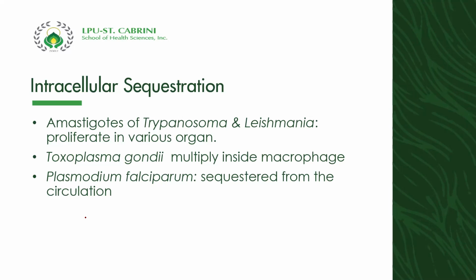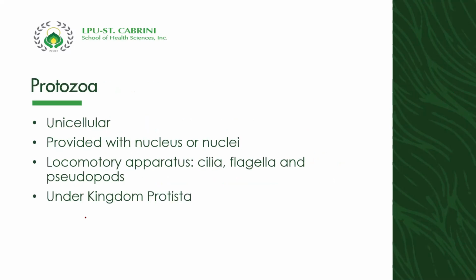Now, the late intracellular stages of Plasmodium falciparum are sequestered from the circulation in deep vasculature beds. Take note, people, that this sequestration process excludes the parasitized red cells from the splenic filtration and the action of the antibodies.